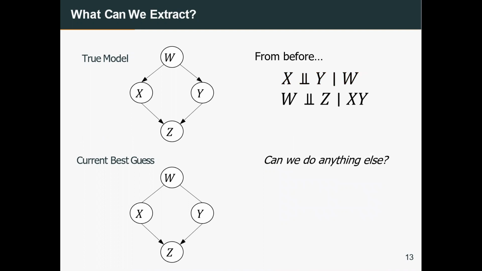So at this step, can we do anything else? Right. It turns out that because this second statement here has all of these variables, we can't use the same trick with the colliders here.